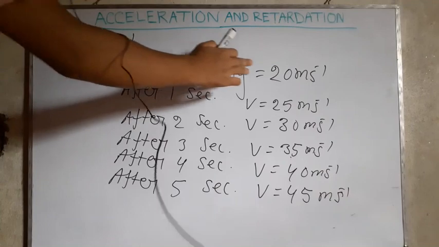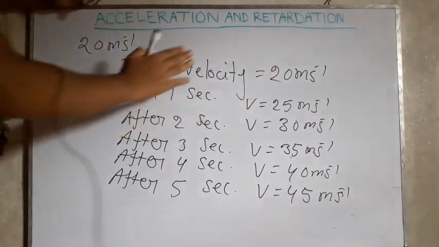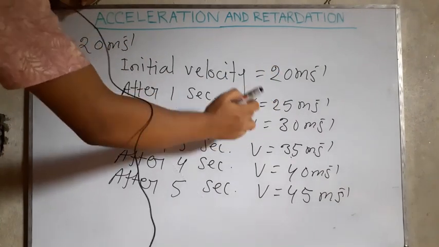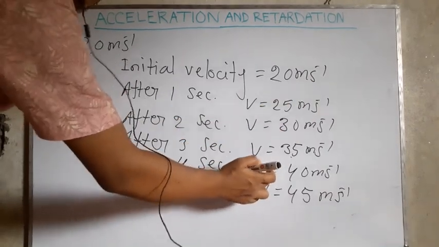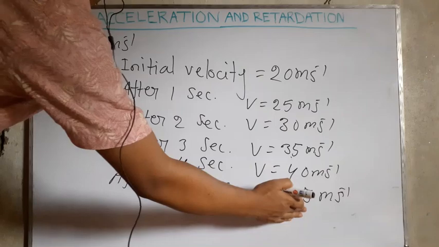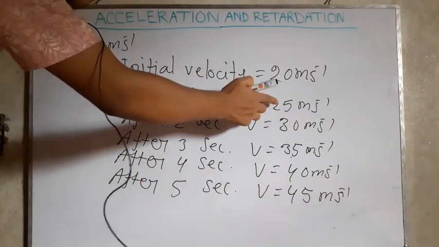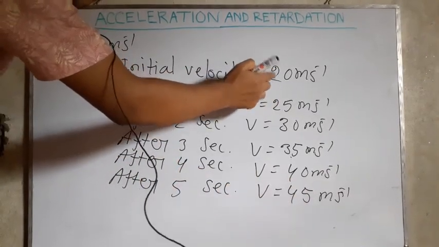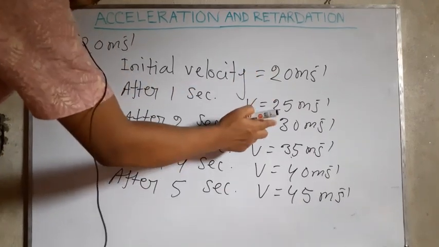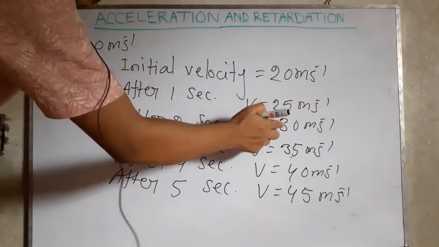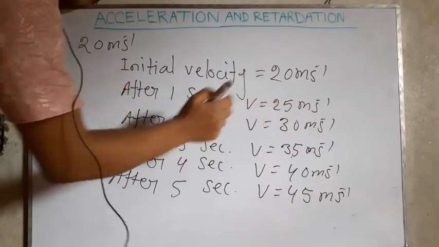Here initial velocity was 20 meter per second. After 1 second 25, after 2 seconds 30, after 3 seconds 35, after 4 seconds 40, and after 5 seconds 45. Here after 1 second the increase in velocity is 25 minus 20, 5 meter per second.